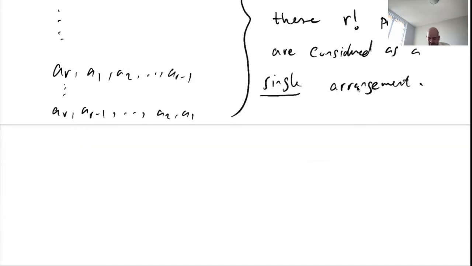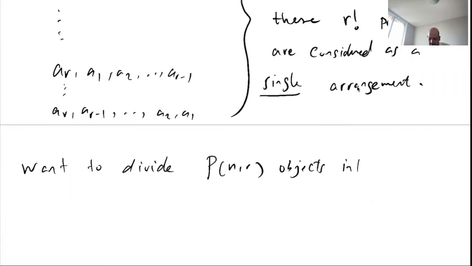So if we say it this way, we want to divide P(n,r) objects into groups of r factorial elements.